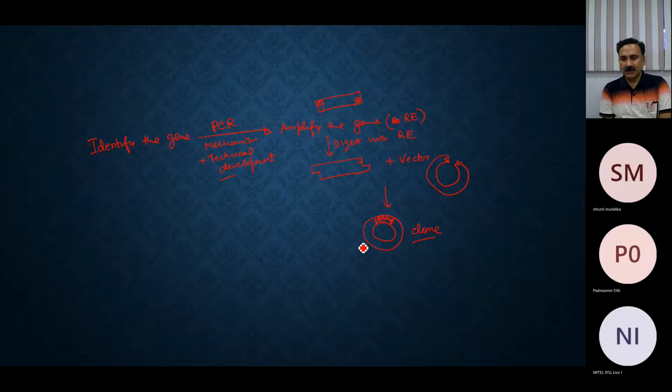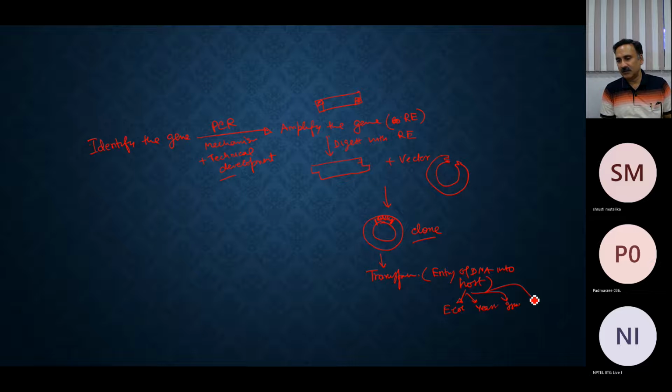Then this clone you can transform into the suitable host. In this course, we have discussed the entry of the DNA into the host. The host could be E. coli, yeast cells, insect cells, or mammalian cells.